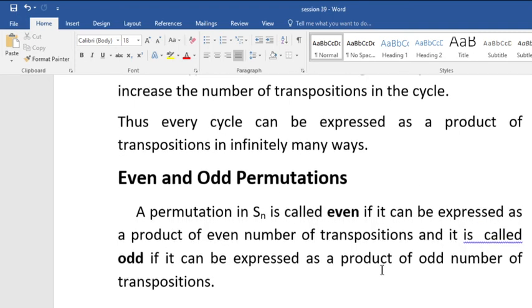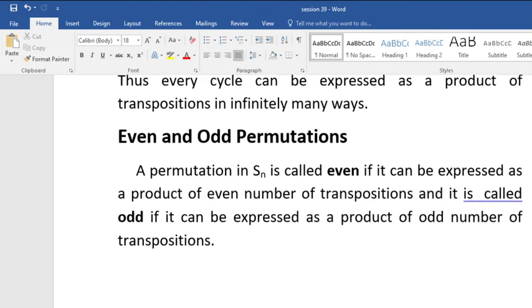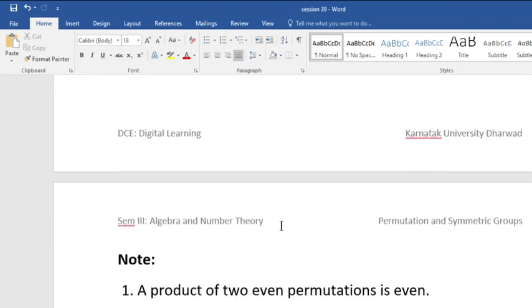Next we are going to study even and odd permutations. A permutation in Sn is called even if it can be expressed as a product of an even number of transpositions, and it is called odd if it can be expressed as a product of an odd number of transpositions.